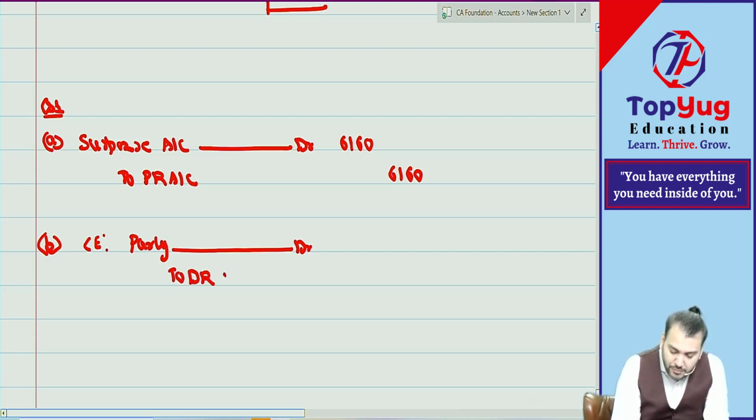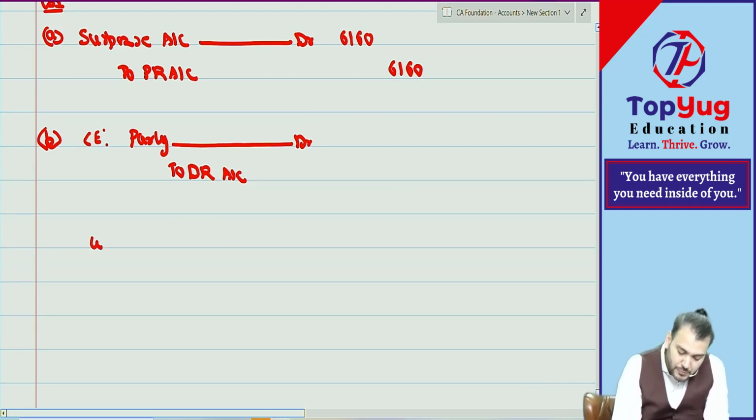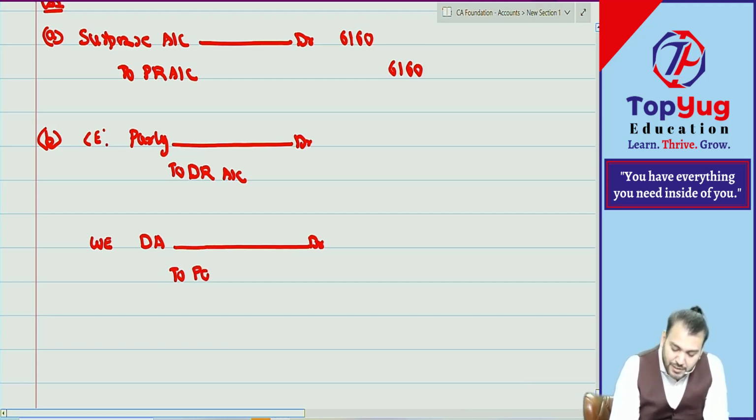Discount received account. But it has been debited to which account? The wrong entry is discount allowed account. Discount allowed account to what? It is to party account, with what amount?